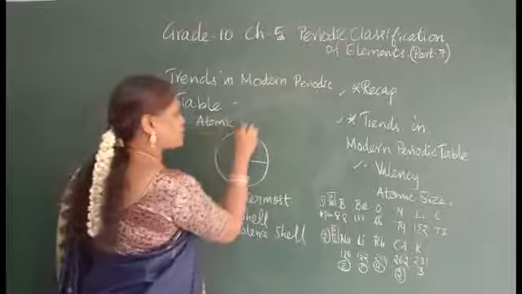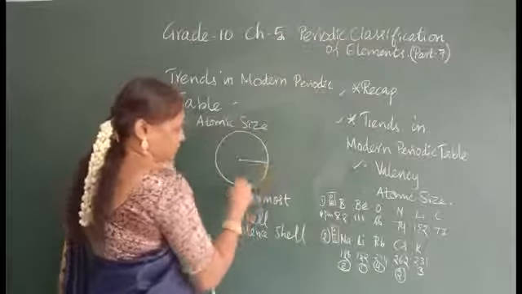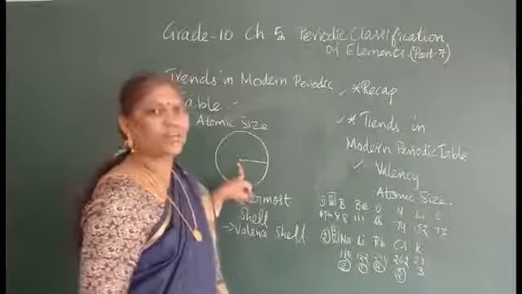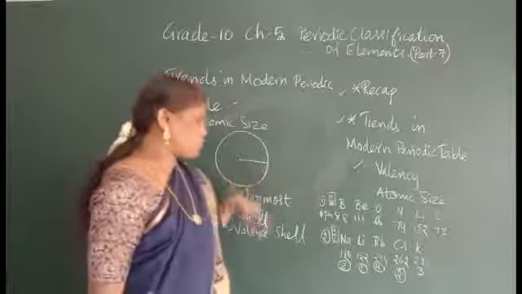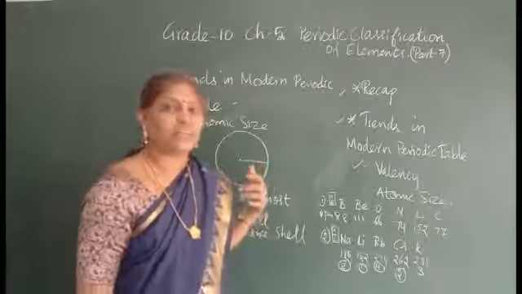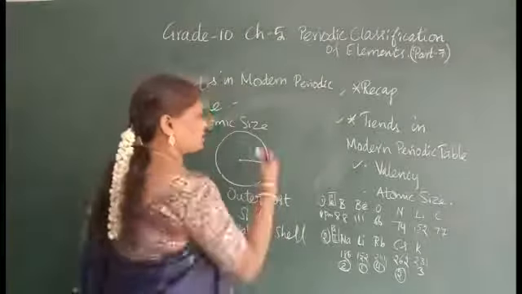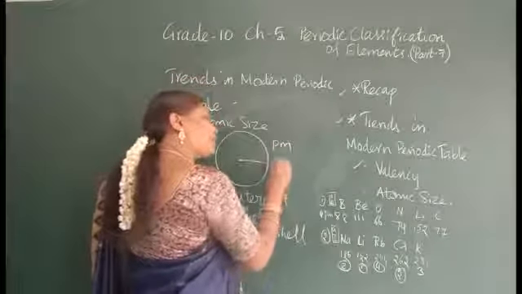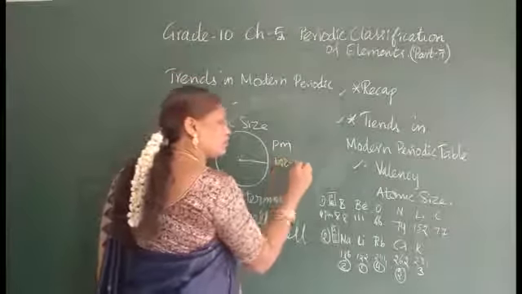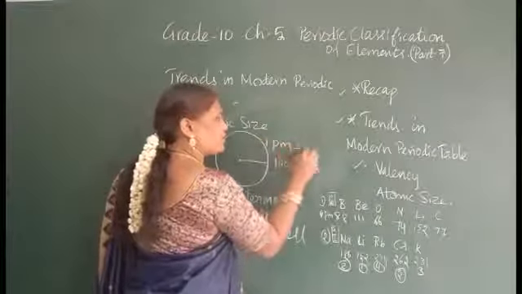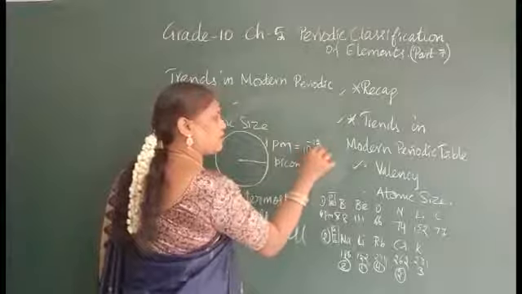So what is atomic size? It is the atomic radius, from the center of the nucleus to the outermost shell. The distance between these two is called the atomic radius, and its unit is the picometer. One picometer is equal to 10 power minus 12 meter.